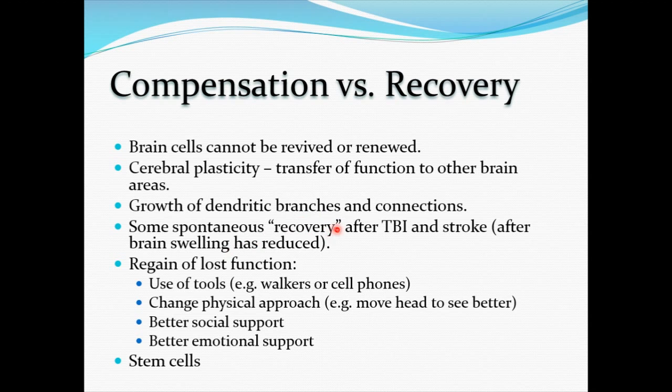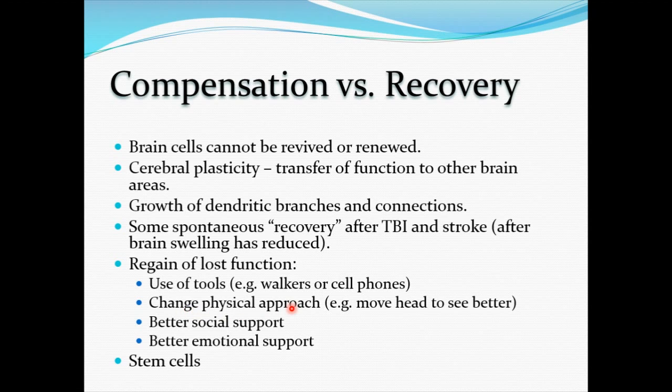Sometimes there's just spontaneous, what looks like recovery after TBI and stroke, because there was brain swelling and the brain swelling is reduced, making the brain more able to function. And then also there are certain ways of helping people regain lost function, not lost brain cells, but lost function, sometimes through the use of tools like walkers or cell phones to remind them of appointments and so on.